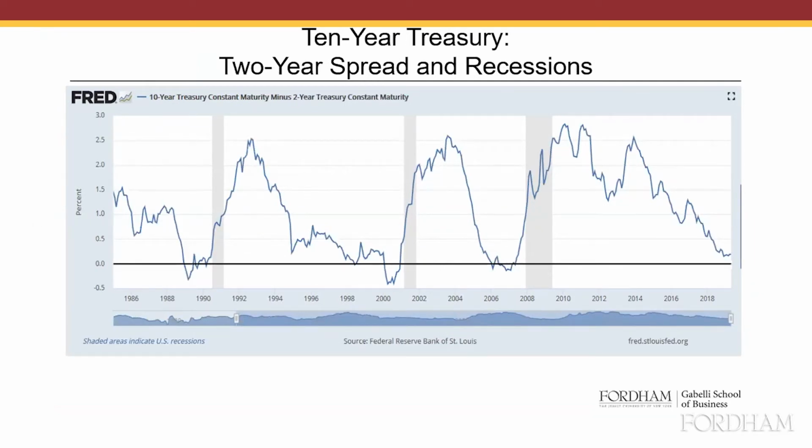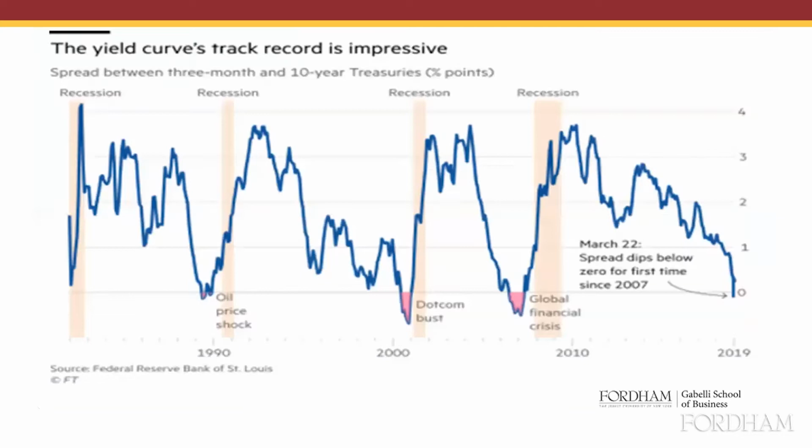And each time you will see that whenever we have the spread turning negative, meaning we get an inverted yield curve, we bump into these very scary gray bars. What are these? These are recession periods. And over the recent years, we have seen that these recessions coincide with certain crises.